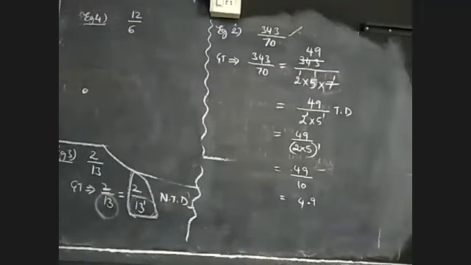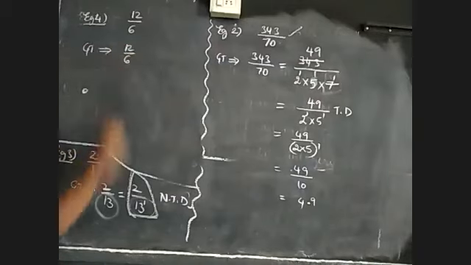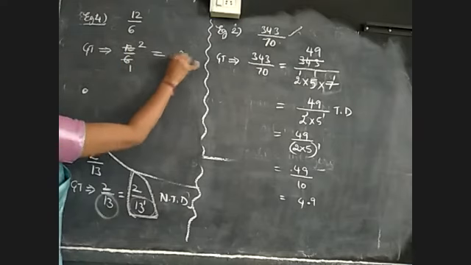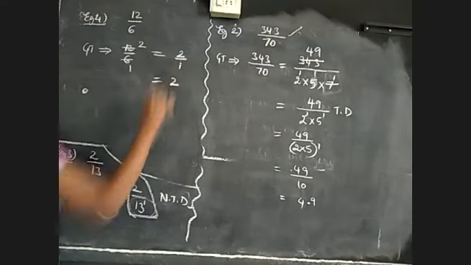Let us see without performing the actual division. First of all, try to write the given rational number 12 by 6 in simplest form. 6 ones are 6, 6 twos are 12, so it is 2 by 1. 2 by 1 is 2 only.